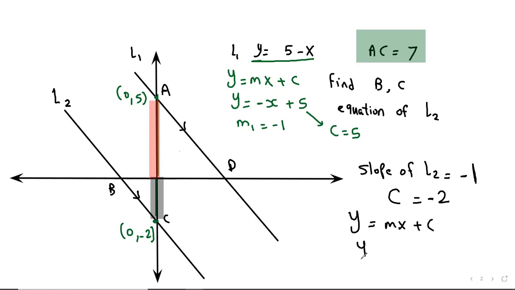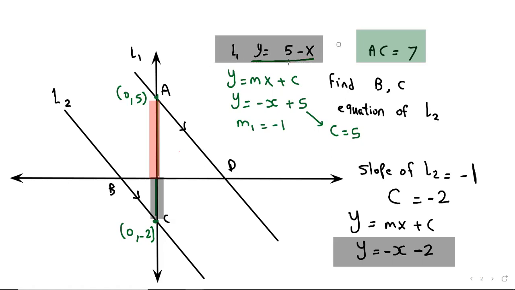Y equals -1x, it's negative x here because the slope is -1, plus c. What is the y-intercept? It's -2. So this is the equation of L2 here, and this is the equation of L1 here.